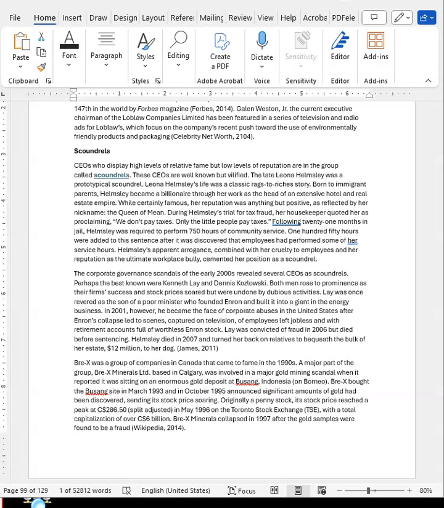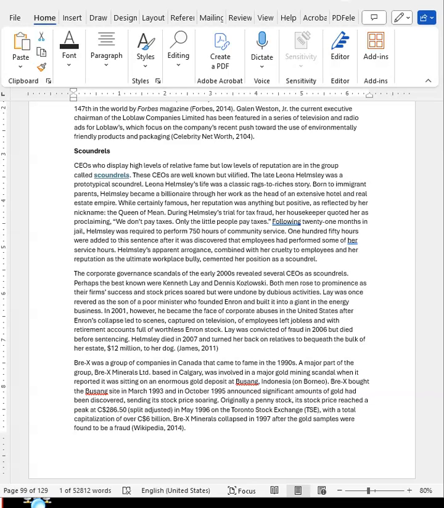Galen Weston, Jr., the current executive chairman of the Loblaw Companies Limited, has been featured in a series of television and radio ads for Loblaws, which focus on the company's recent push toward the use of environmentally friendly products and packaging. Celebrity net worth, 2014.